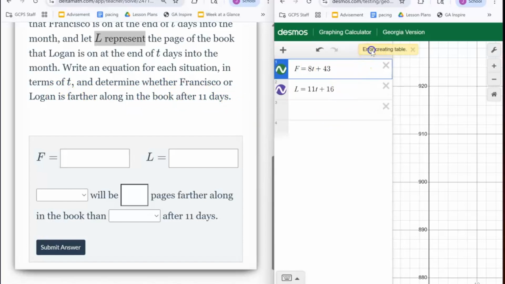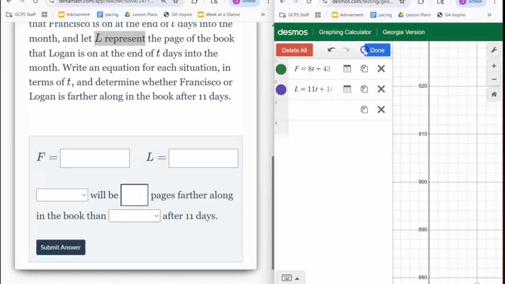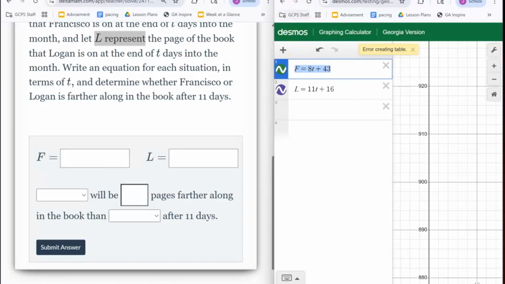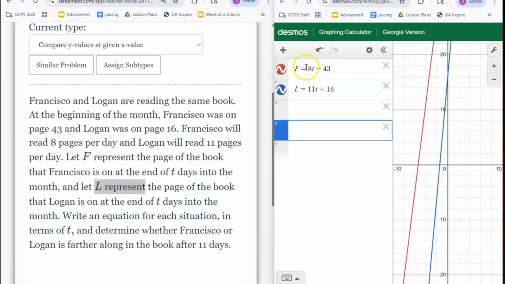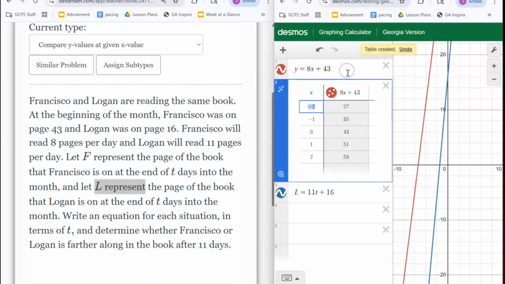Error creating table. Why? Okay, I think I just need to refresh my calculator, so give me a second. All right, so it's still telling me error, so I'm going to try changing this to y and x and see if it'll work. Okay, so it can create with y and x, not f and l.